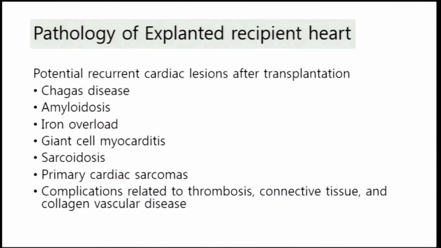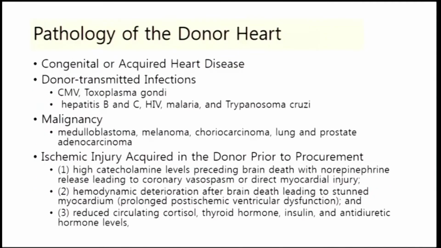It must also be considered that some diseases can recur as cardiac lesions after transplantation. Common examples are amyloidosis, giant cell myocarditis, sarcoidosis, and other conditions that may manifest in the transplanted heart. So it must be considered what the patient's original diagnosis was before the transplantation.